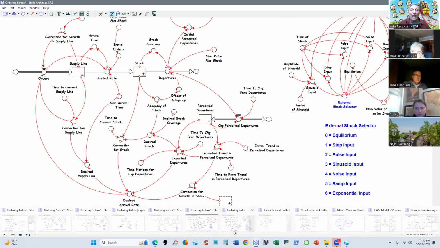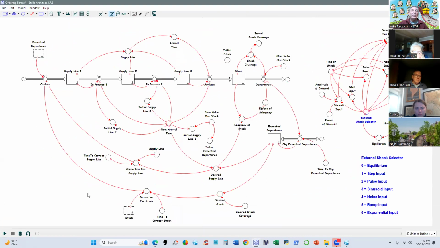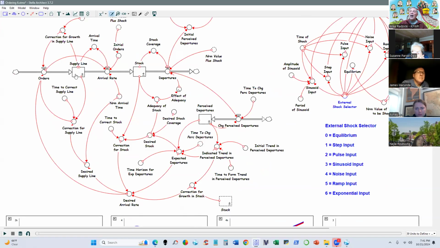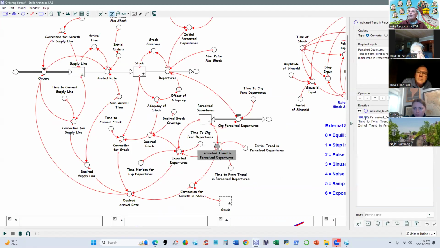Sorry. Let me try and clarify. So I have a third order material delay here and the old expectation structure, right? And here, this is not a first order material delay. So what I did, I simplified the expectation structure and we use the trend function.